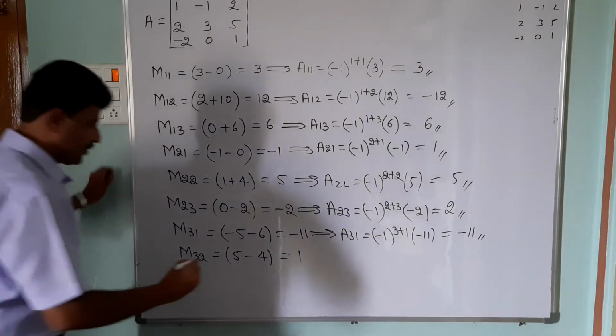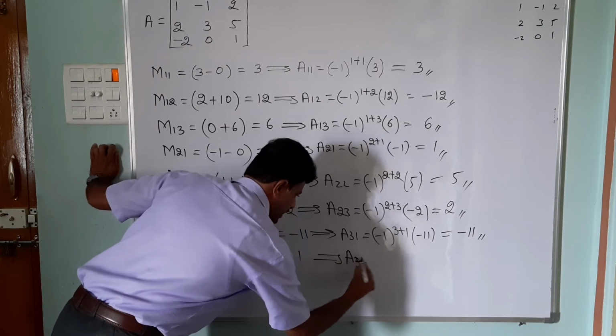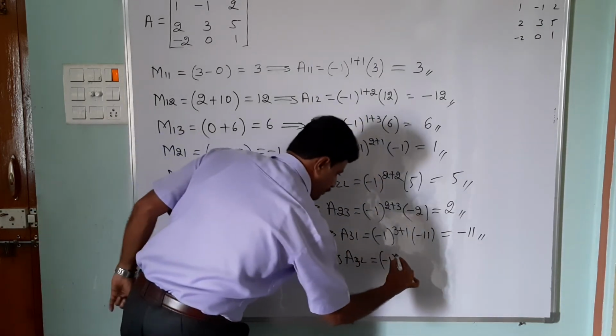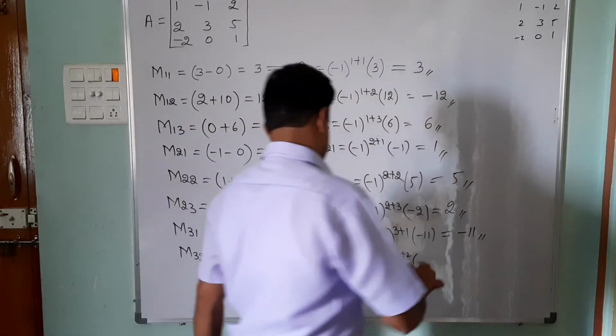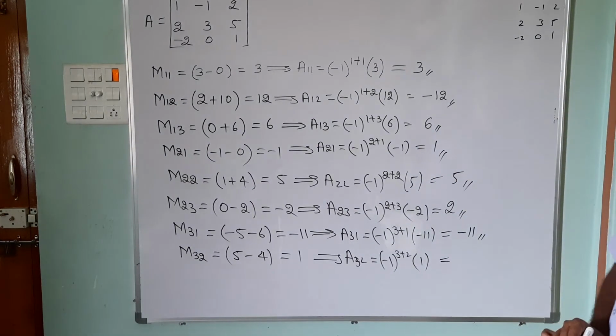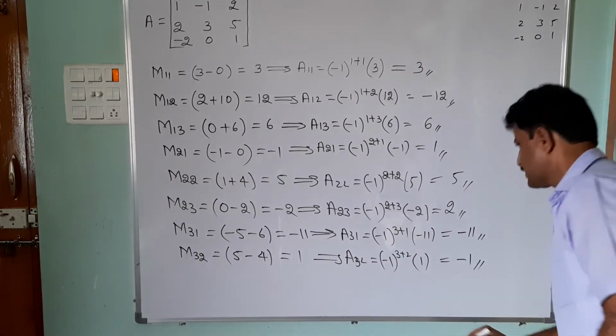Then the cofactor of 3 2: a32 is equal to minus 1 to the power of 3 plus 2 into result 1. 3 plus 2 is 5, means negative, minus into plus, minus 1.